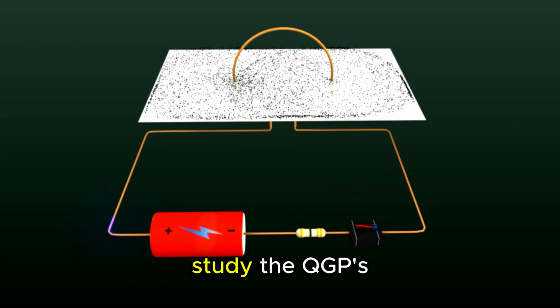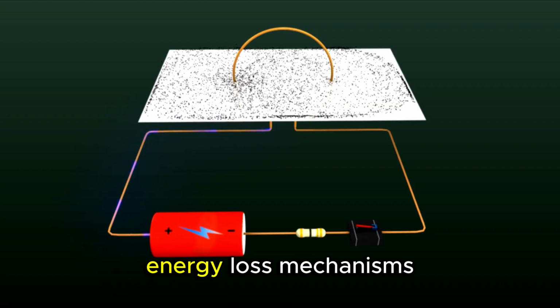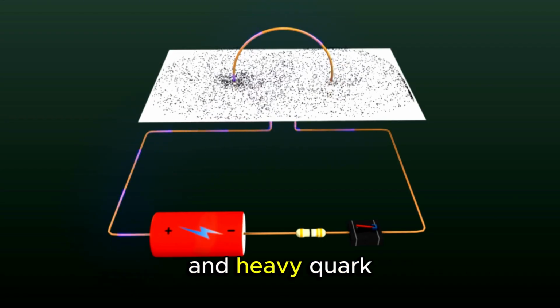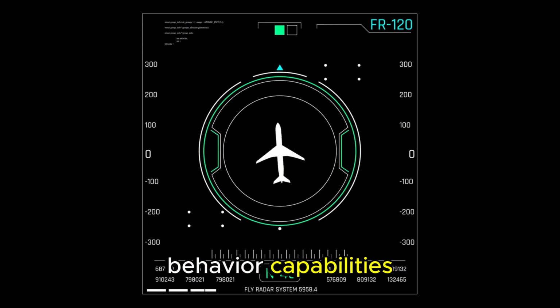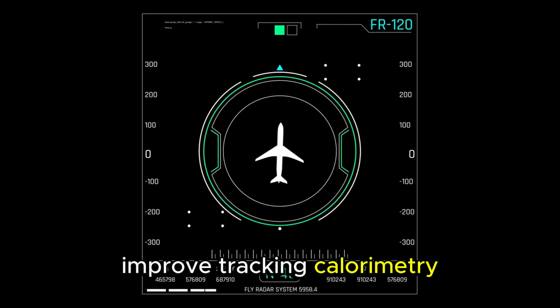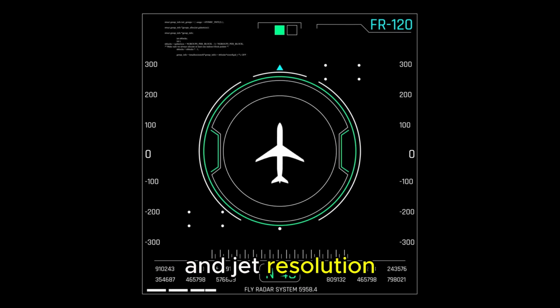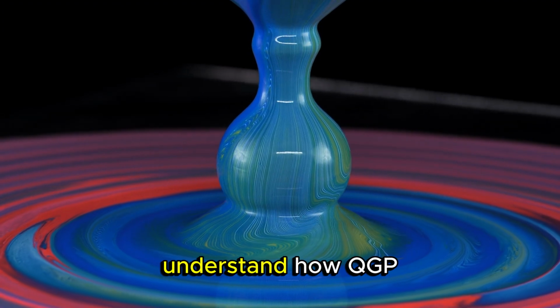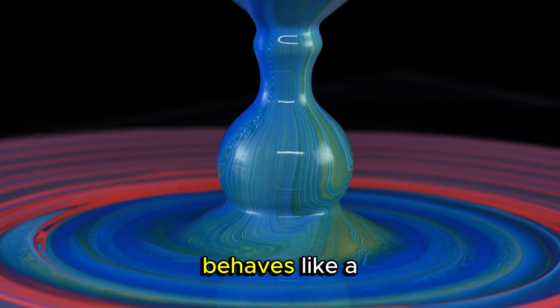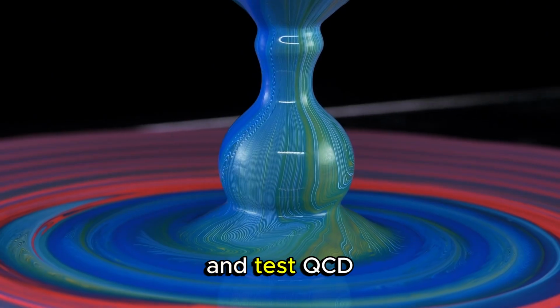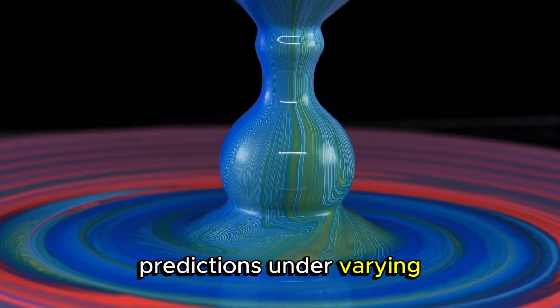Focus of study: the QGP's viscosity, energy loss mechanisms, and heavy quark behavior. Capabilities: improved tracking, calorimetry, and jet resolution. Goal: better understand how QGP behaves like a near-perfect liquid and test QCD predictions under varying conditions.